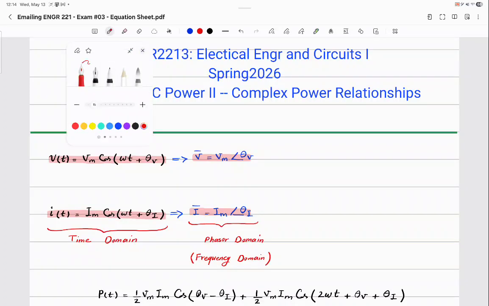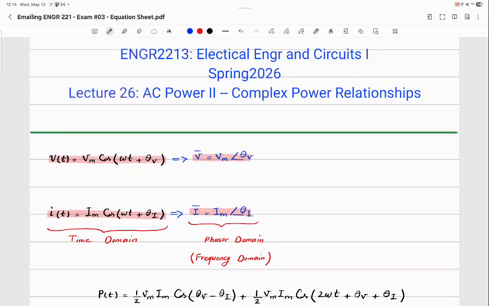Now, I'm going to define a new quantity. So, before doing that, I want to remind you of something. Do you remember the RMS or effective value? And if you do, what is its relationship with the amplitude of the sinusoidal function?